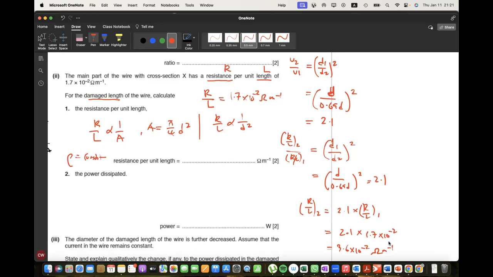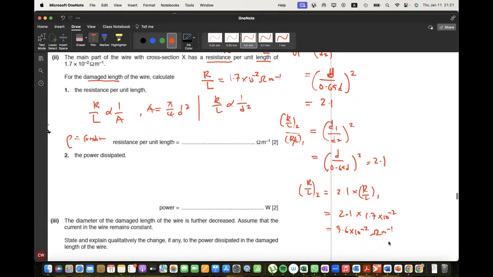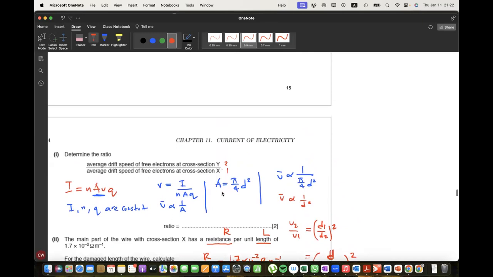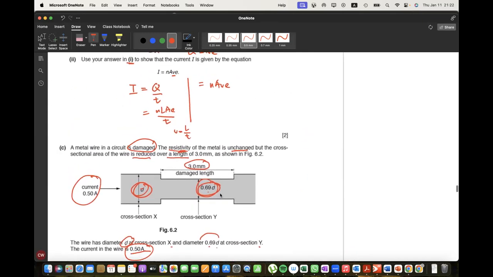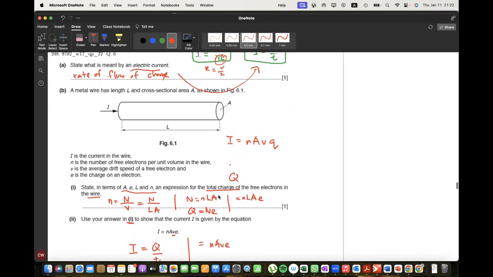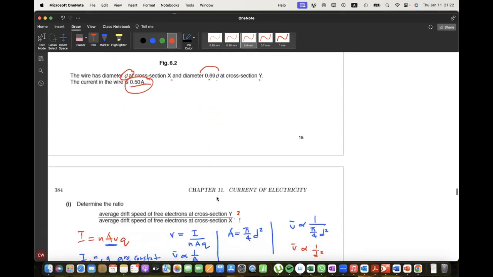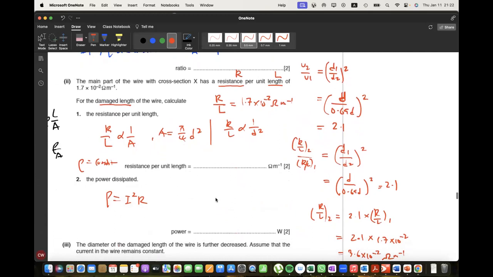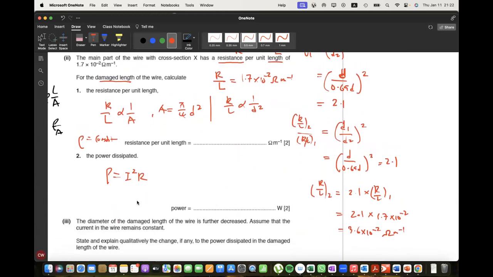Okay. How about the power? Power formula, what is the power formula? I square R. Is it useful to us?